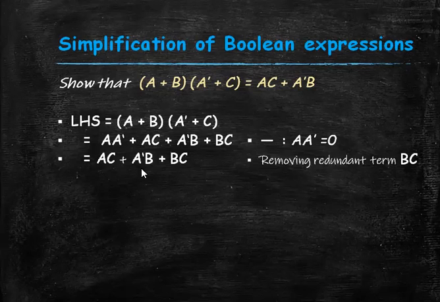Then we know that the other term, not including A or A bar, must be the redundant term, that is, BC is the redundant term.